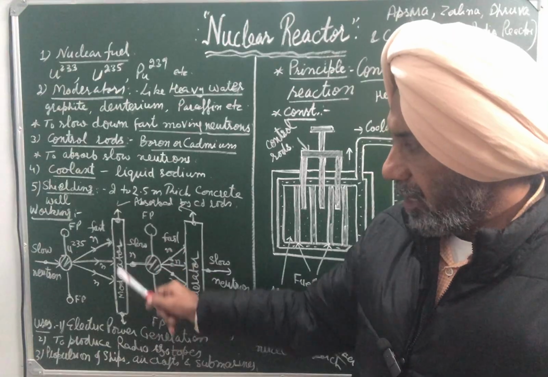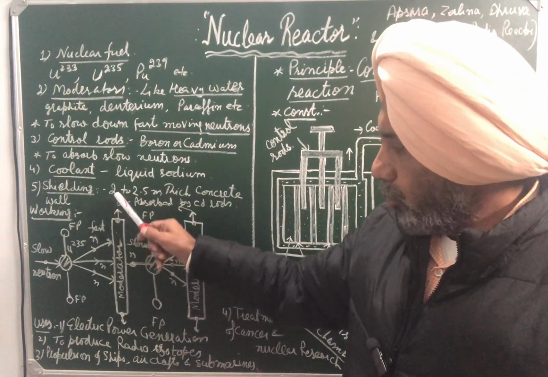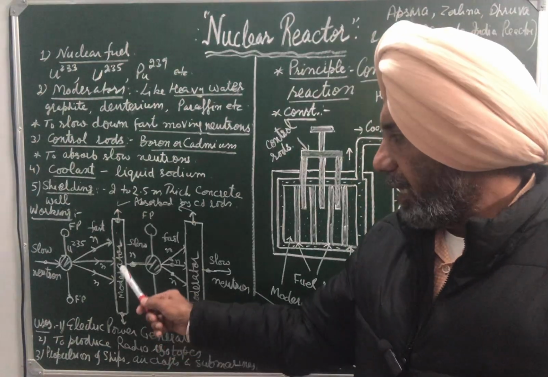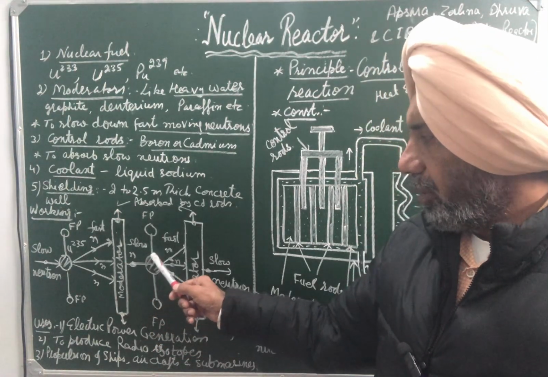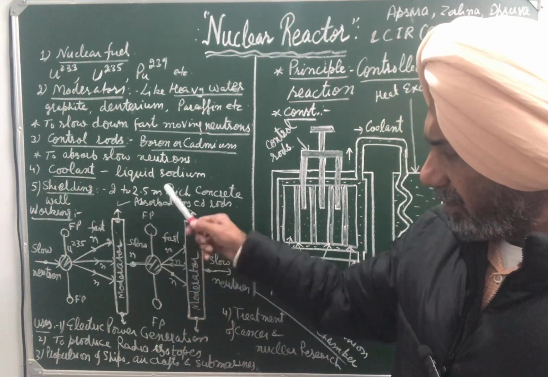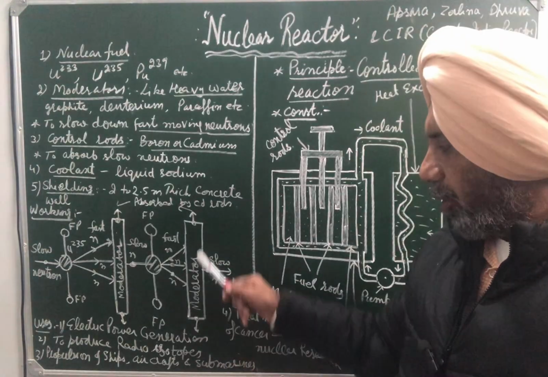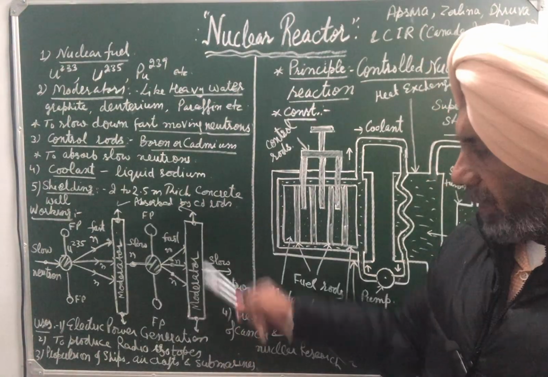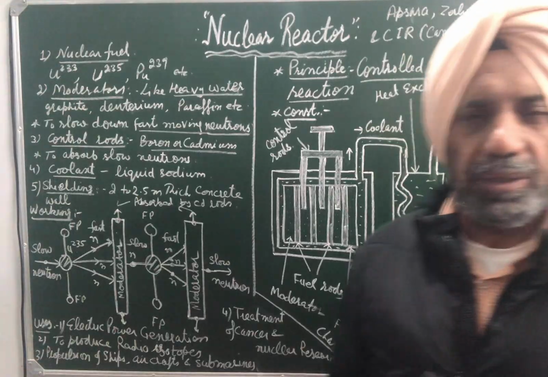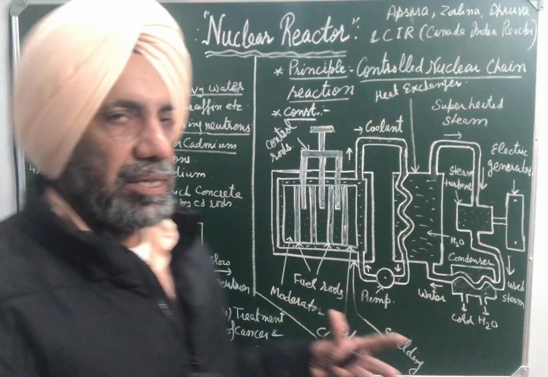Out of the 3, to make the reaction steady and sustained, 2 are absorbed by the cadmium rods and 1 slow neutron further causes nuclear fission. Again 3 fast moving neutrons are produced, slowed down by the moderator, some are absorbed by the cadmium rods, and this process continues. As a result, we have a sustained nuclear chain reaction.